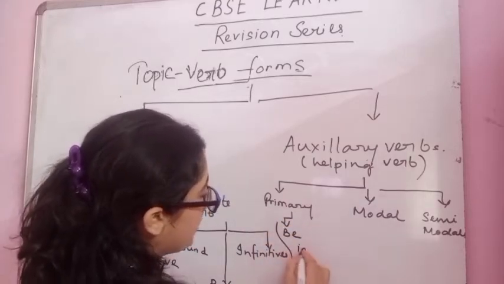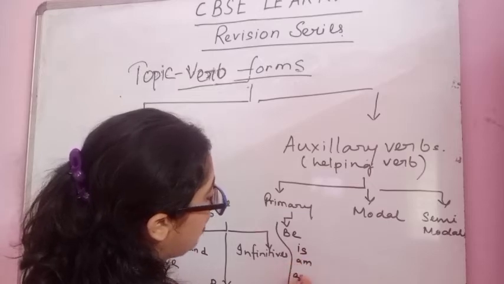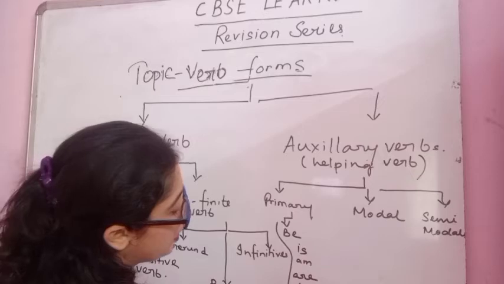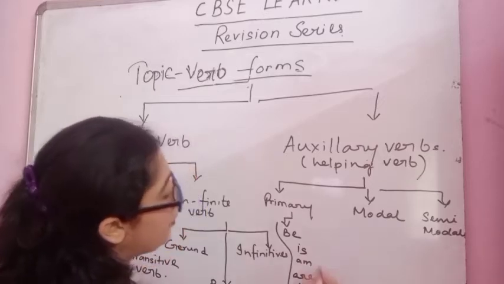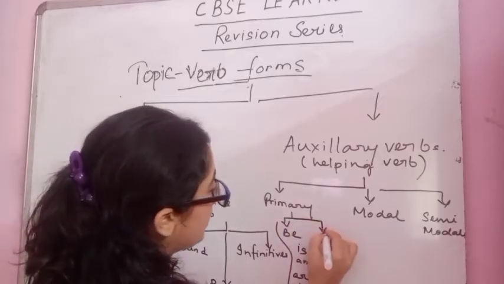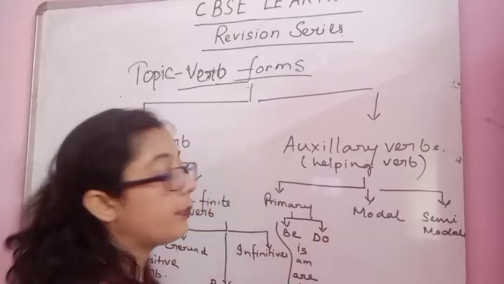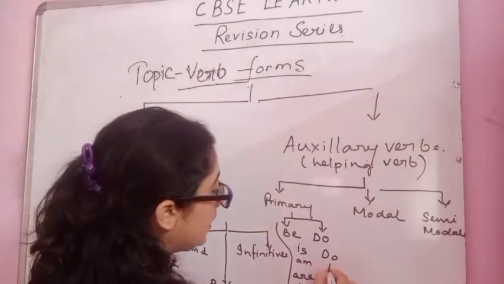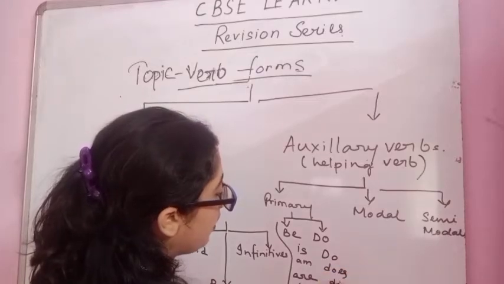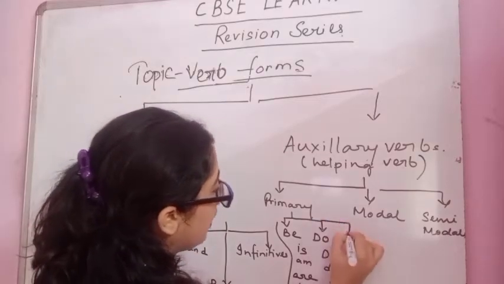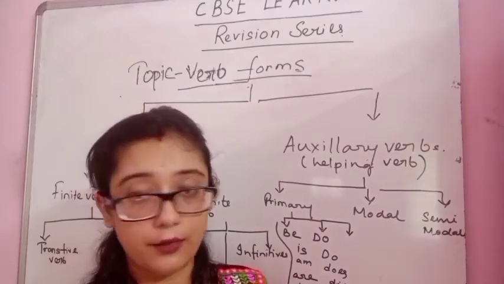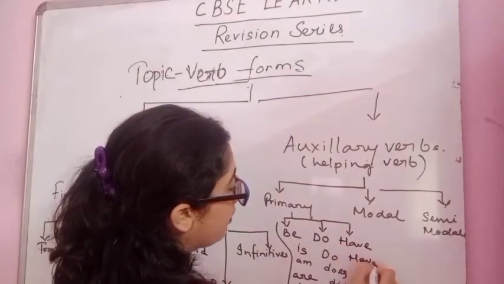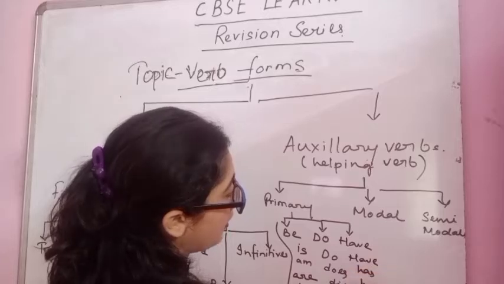Be words are is, am, are, was, were. Next is do. One more primary auxiliary is do, which has do, does, did. The third one is have, which is have, has, had.